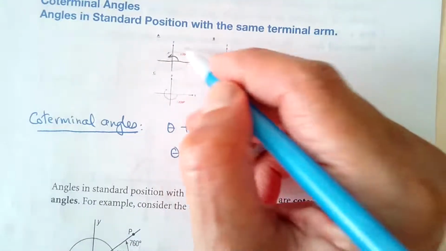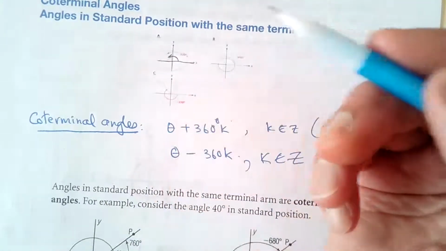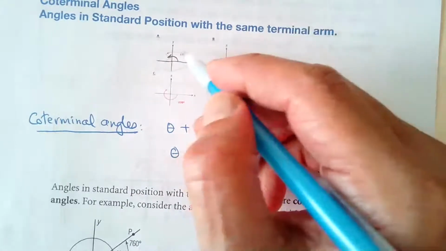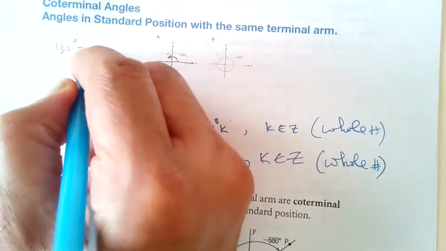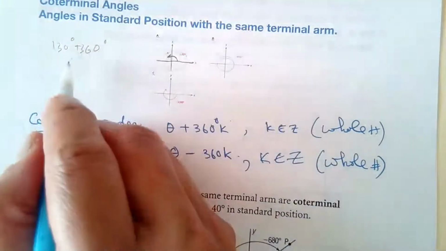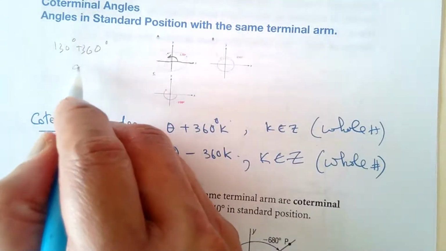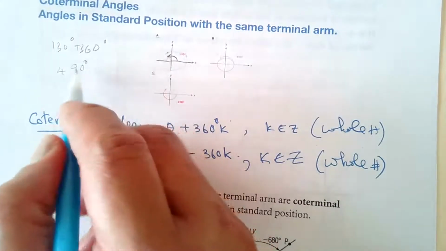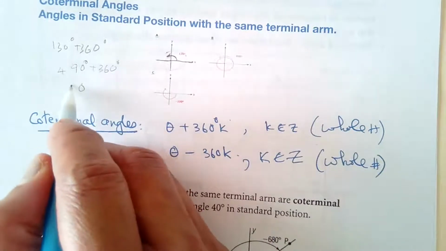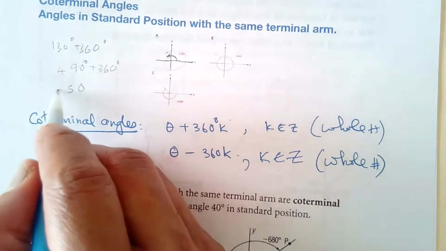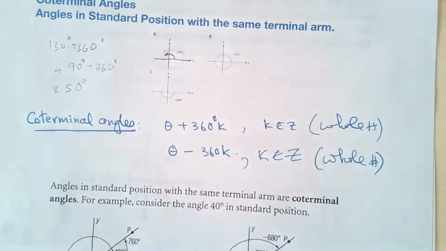If you continue, you can have an infinite amount of coterminal arms. So this is 130 degrees, the beginning one. If you add 360 degrees, this gives me 490 degrees. Then I add another 360 degrees.